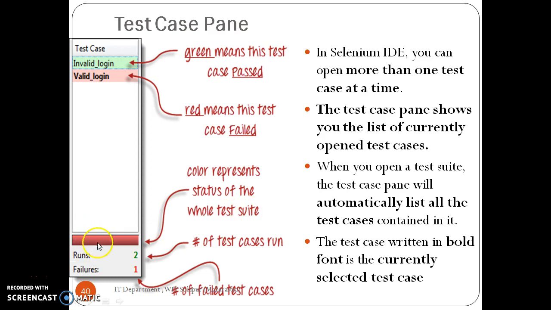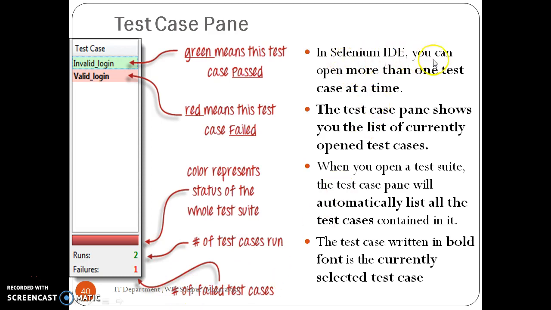After the execution of a test suite or test case, you get the result in the test case pane. Here the runs are two, because there are two test cases; one is green, one is red. Red is failed and green is passed. One is a failure. It shows the number of test cases run and the number failed.